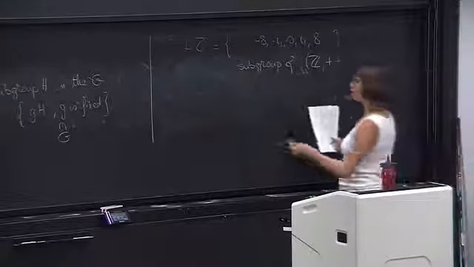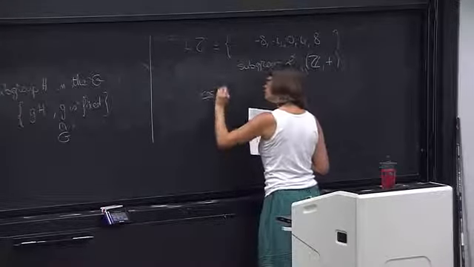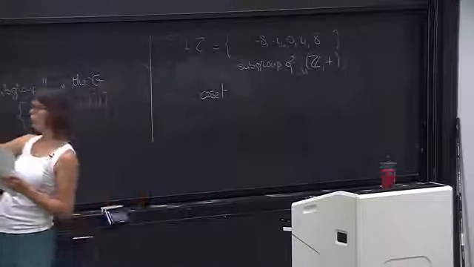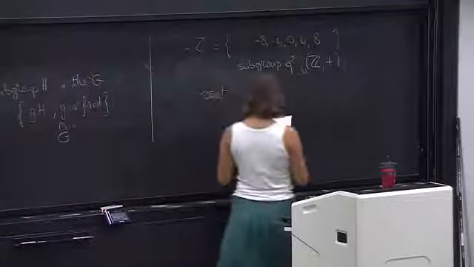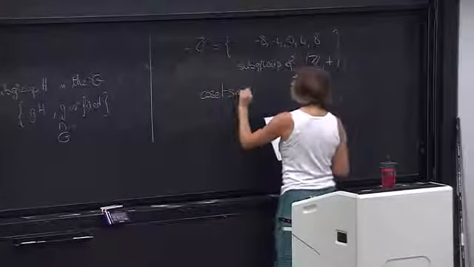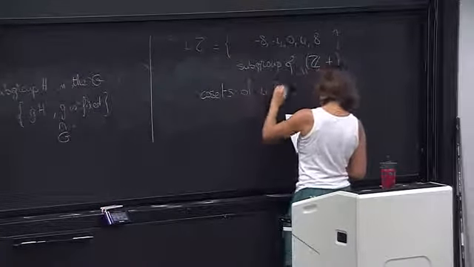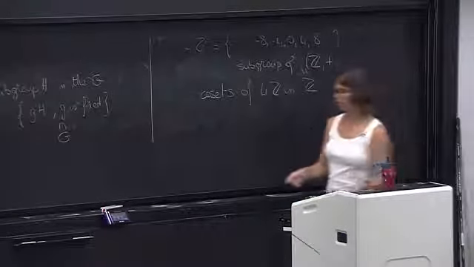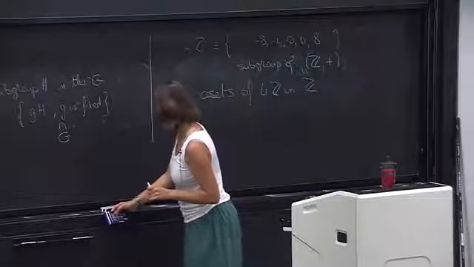So now, what are the cosets? Since it's abelian, you're not going to talk about left or right cosets. It's all the same. So what are the cosets of 4Z in Z? I'll give you one minute to think about that. How many do you have?